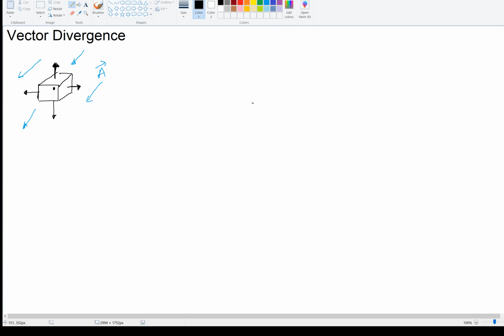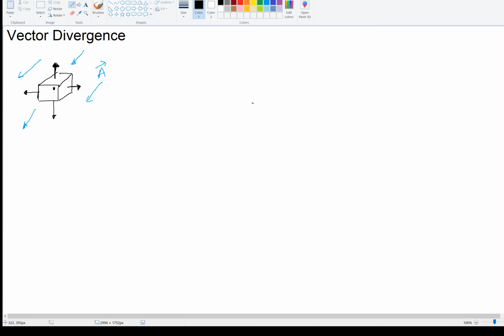This is the convention that we use. For any surface, there are two normals, and when the surface encloses a volume, a closed surface like this, the direction is chosen to be outward of that closed surface.